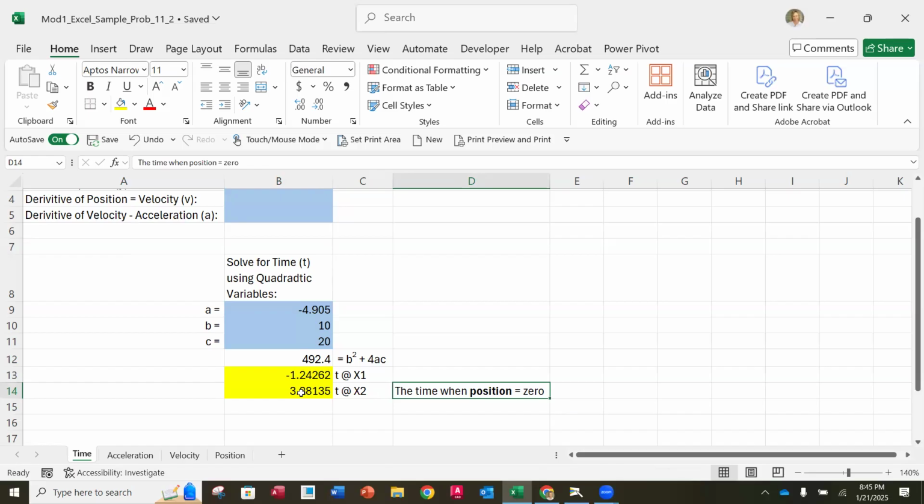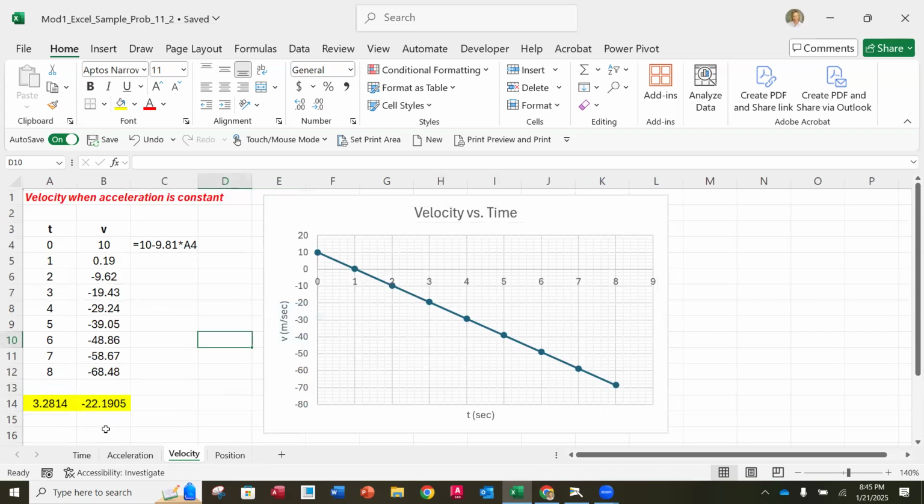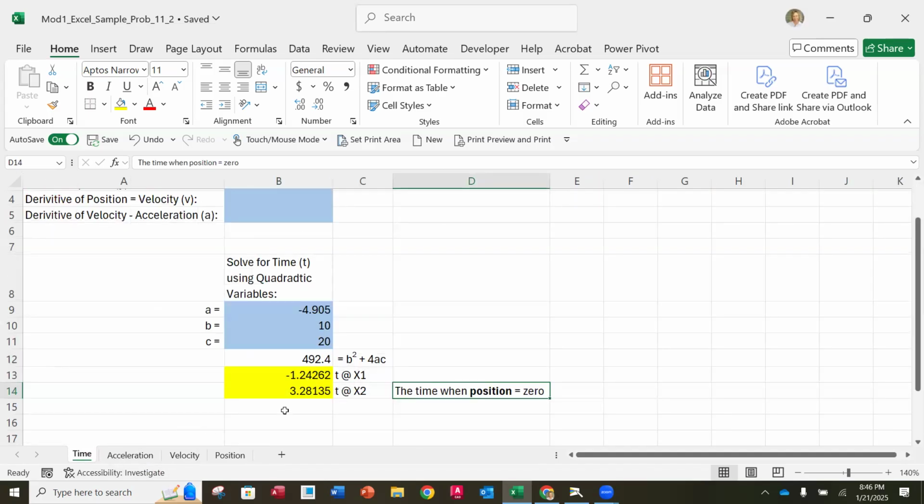And we need its corresponding velocity. So how are we going to find that? When we go to the velocity, right? So we know that it's going to hit the ground at 3.28135.